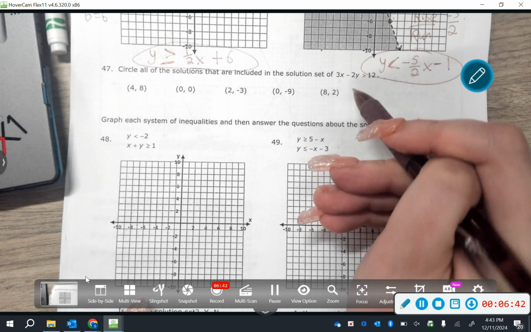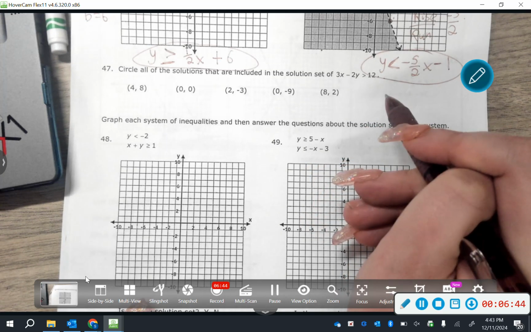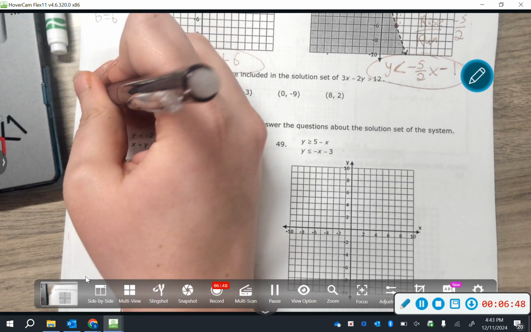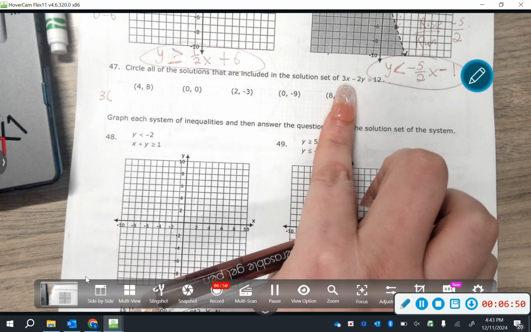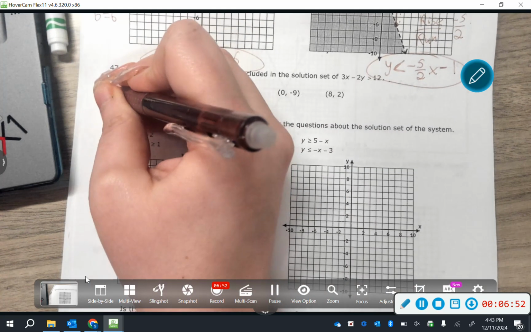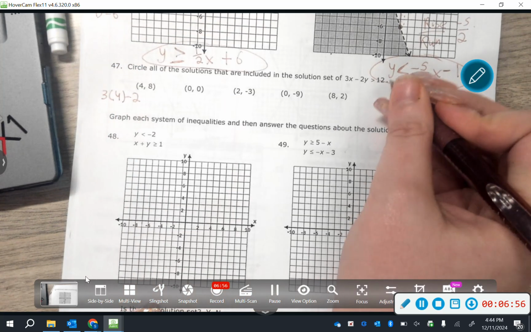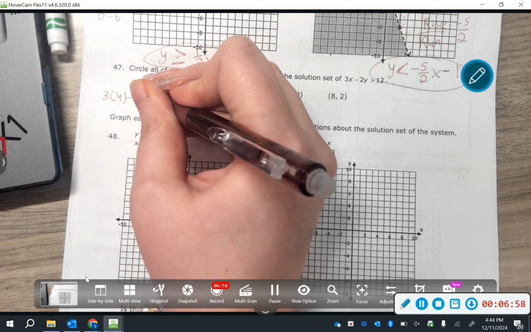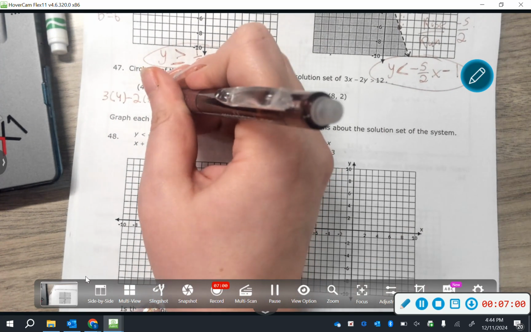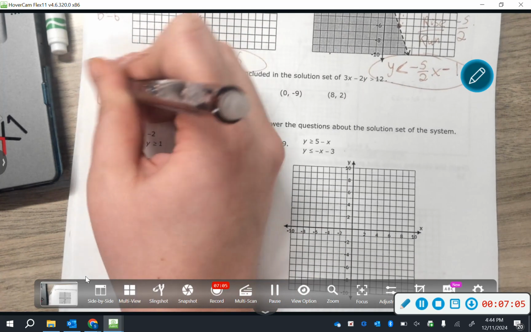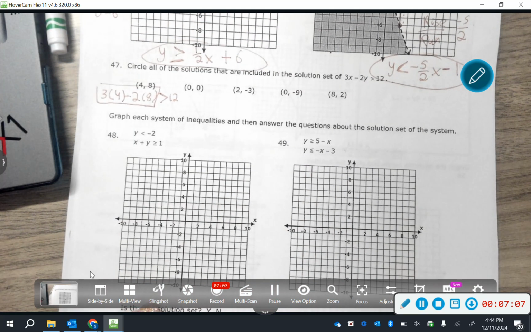So we have 3x minus 2y is greater than 12. So here's what I'm going to do. I'm going to do 3 parentheses. Instead of x, we're going to put 4. So 3 times 4 minus 2, instead of y, I'm going to put 8 is greater than 12. And then I'm going to plug this in my calculator, see what I get.